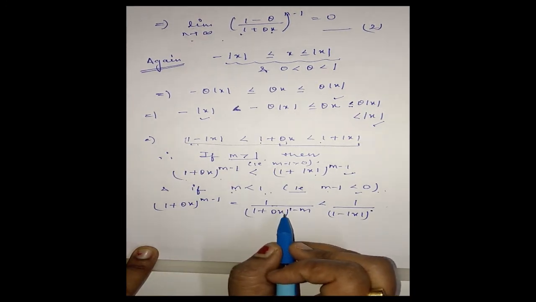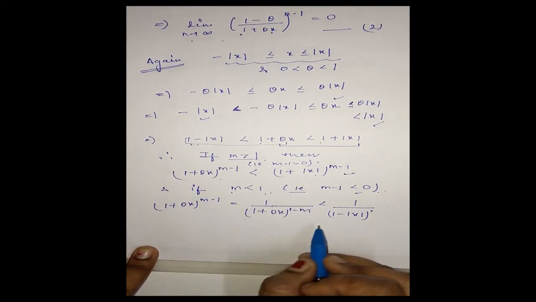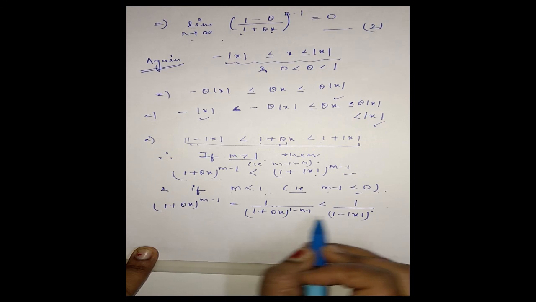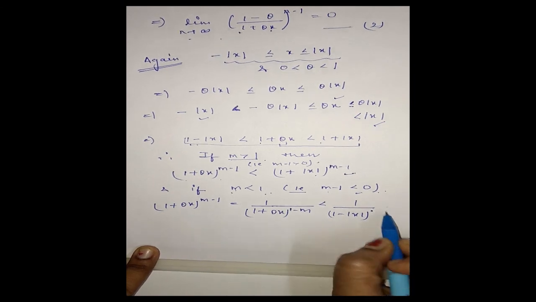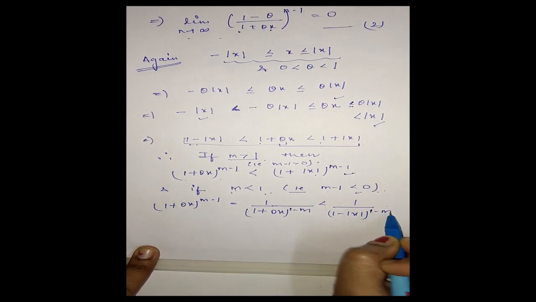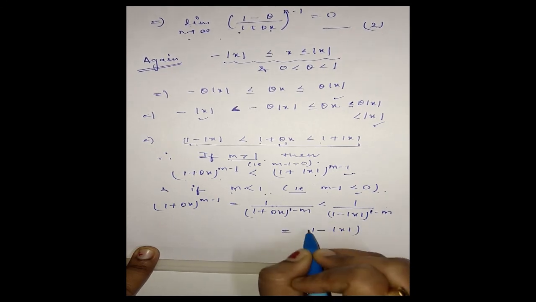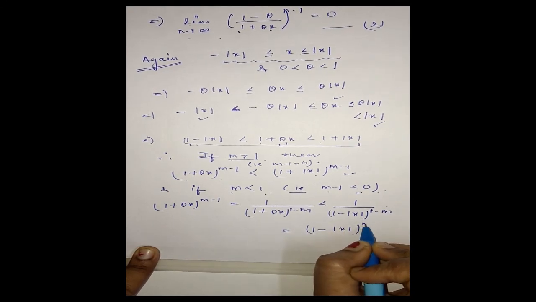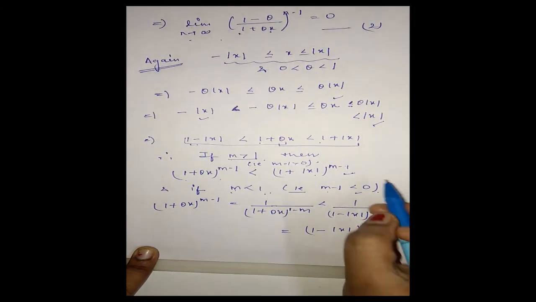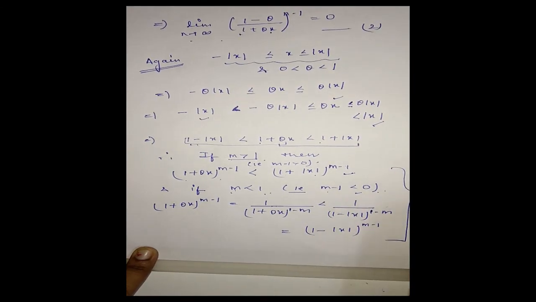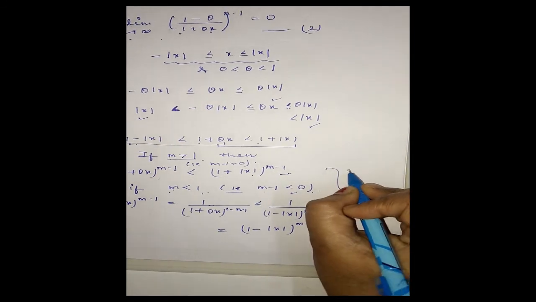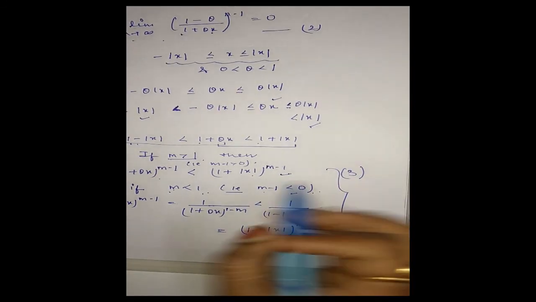Okay. This will be (1 plus theta x) less than (1 minus mod x) power 1 minus m. Or this is (1 minus mod x) power m minus 1. Now mark this as equation number 3.